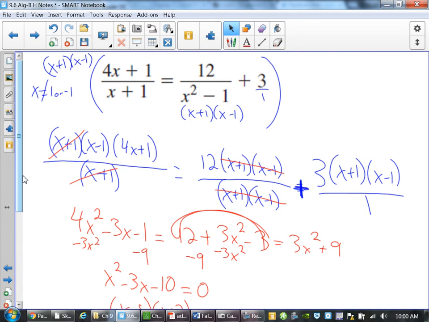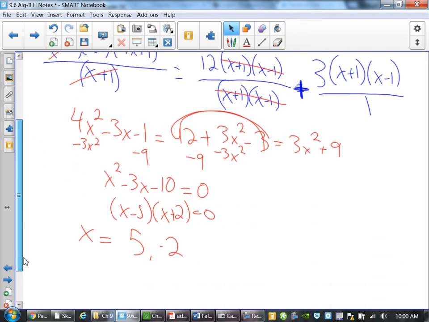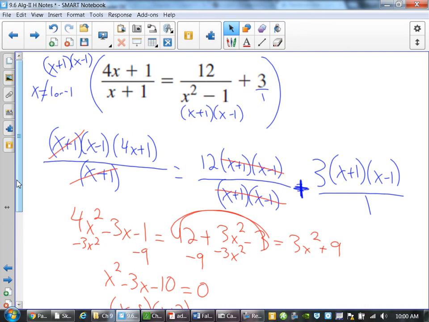I get negative 7. Negative 7 divided by negative 1 is 7. And then I check on the other side. I get 12 divided by 2 squared, 12 divided by 3, I guess. 7 equals 7, so the negative 2 works.